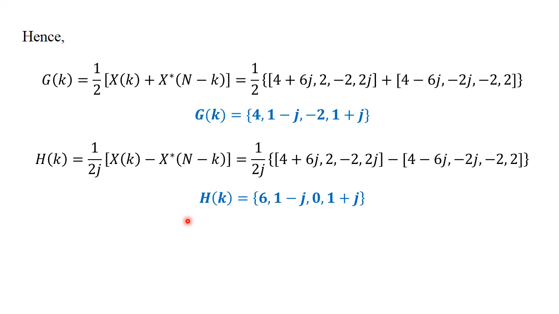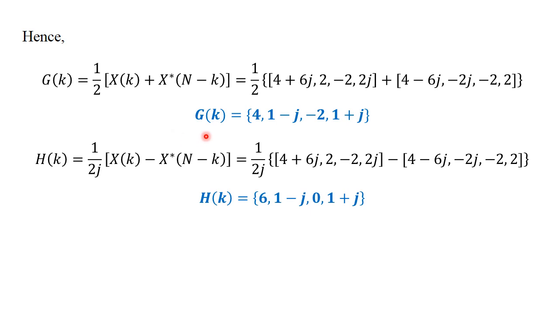In this case we have to remember one concept. It has been discussed during the properties of the DFT that the symmetry property can be applied to verify the answer of the DFT calculation. Here we can apply the symmetry property to g of k and to h of k, but not to the X of k that we have calculated, because x of n we get as a complex value, for which the symmetry property of a real sequence is not applicable.